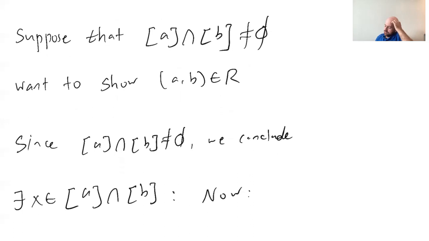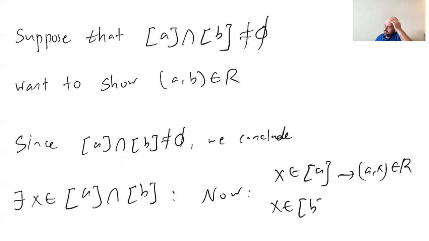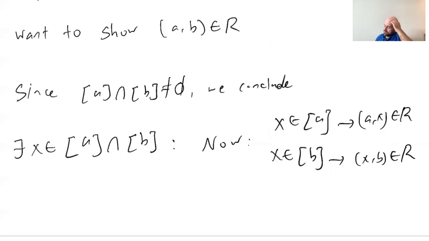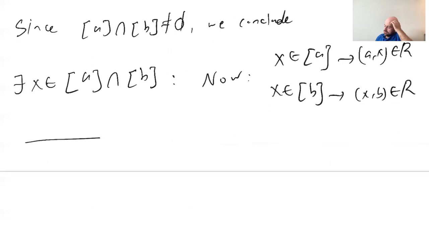Now, X belongs to equivalence class of A, so that means (A, X) is in R. Similarly, X is in equivalence class of B, so that means (X, B) is in R. So see, (A, X) is in R. (X, B) is also in R. And R is transitive, right?